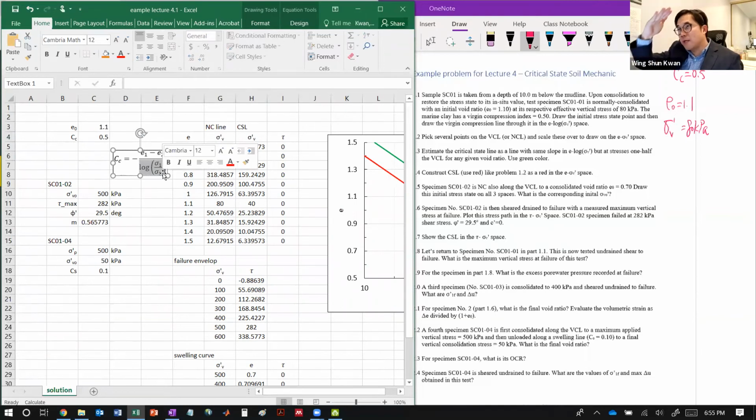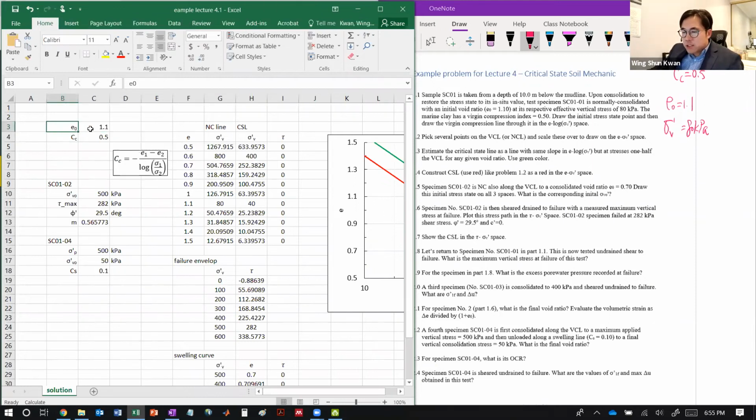This is a sloping down, negative slope line, so that's why there is a negative right there. So this is the e naught and also the compression index. This is the stress point that I talk about here. e naught is 1.1, and this is also the initial stress.